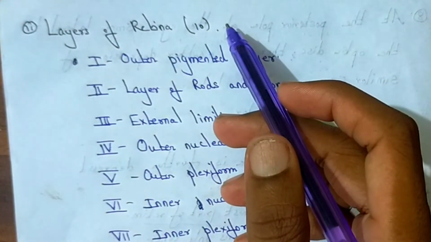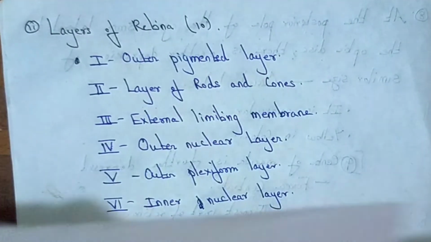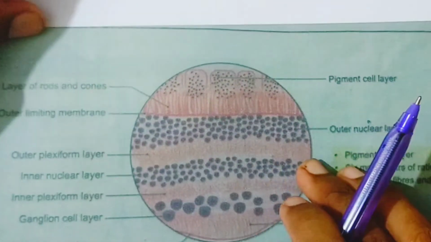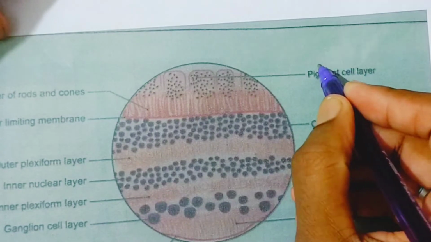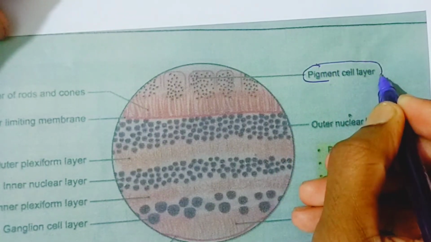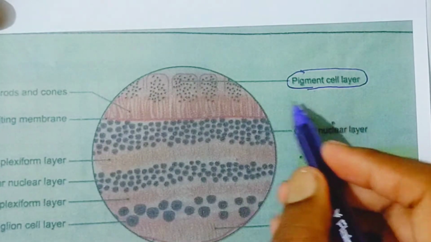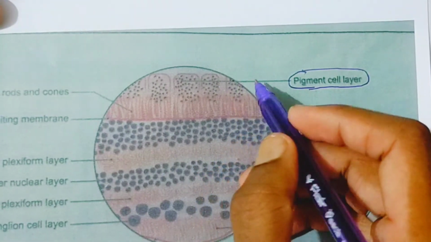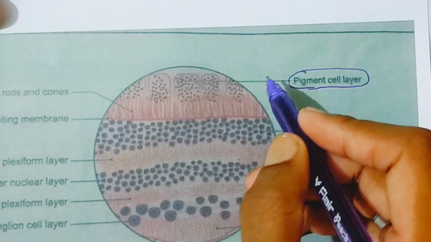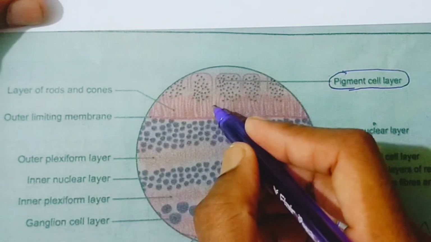Let me show you the picture again. Yeah, come to this picture. The outer is the pigmented layer. This forms the outer surface of the retina. Okay, this is the pigmented layer, and the second is the layer of rods and cones.